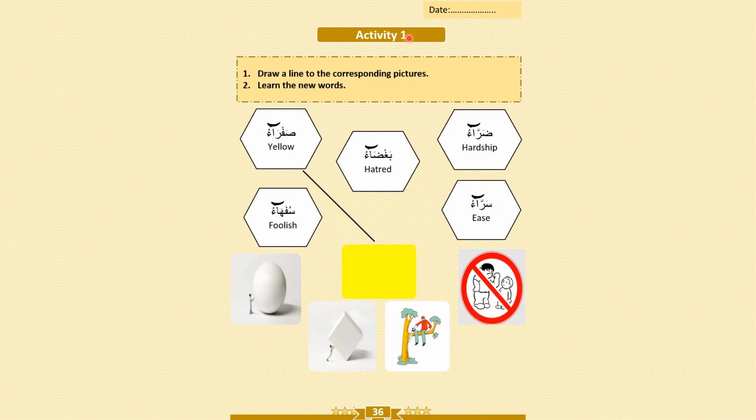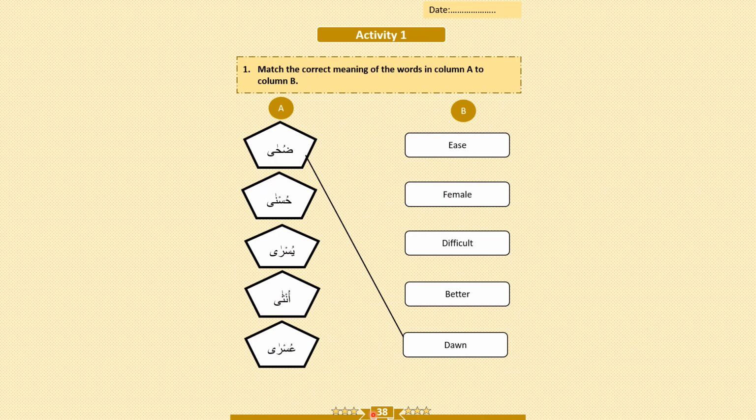The activity on page 36 is connected to sign 2, the alif mamduda, and you can draw a line to the corresponding pictures here. Then page 38, the activity is connected to sign 3, the alif maqsura, and you will just follow the instructions here and complete the work.